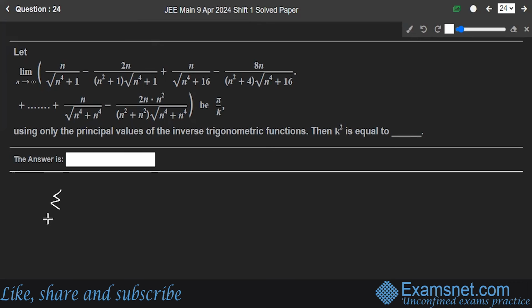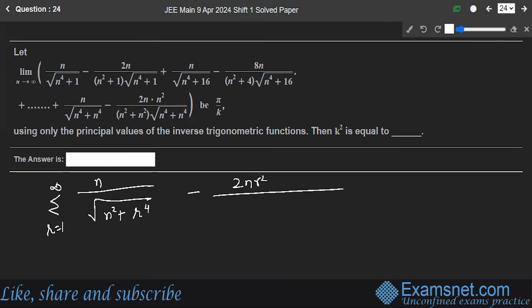So here you have the limit. I'm going to start from here itself. So this whole expression can be written as the summation of r = 1 till infinity of n/√(n² + r⁴) − 2nr²/((n² + r²)√(n⁴ + r⁴)).